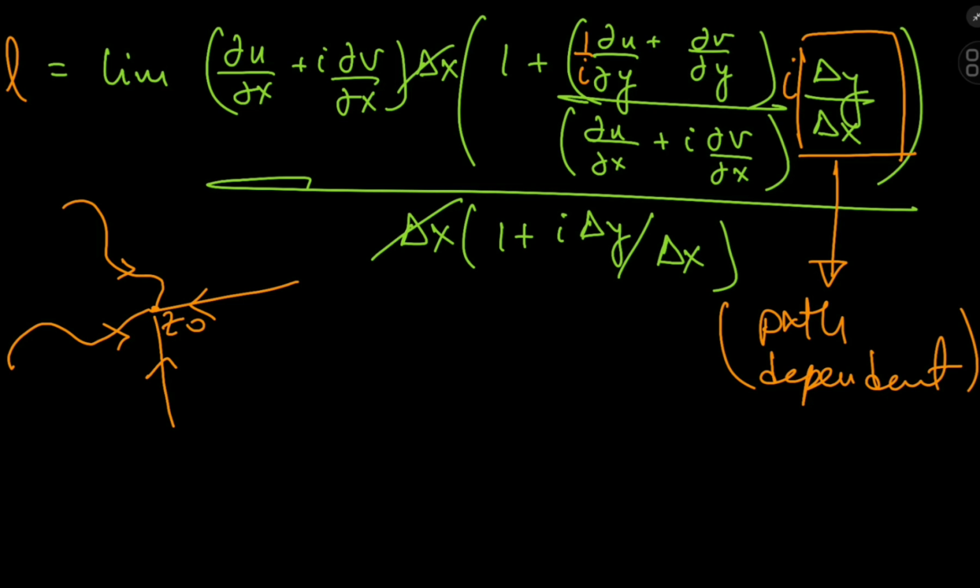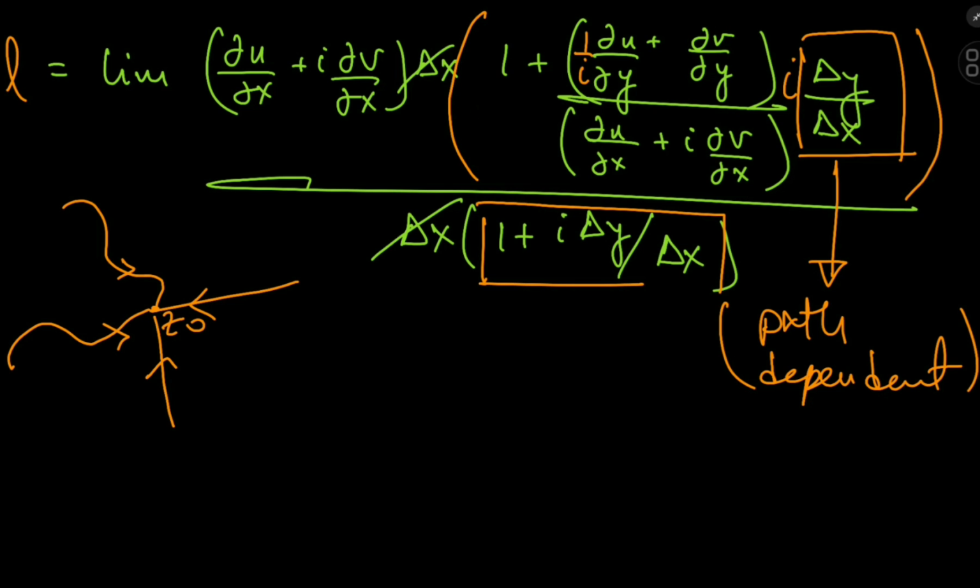Or I can just write that as negative i, but whatever. So in the denominator, we have 1 plus i times del y by del x, and we have this i times del y by del x as well. We want to get rid of this path-dependent term, meaning that we should have exactly the structure over here, right? This is exactly what we need.